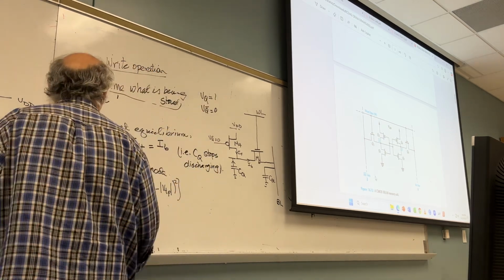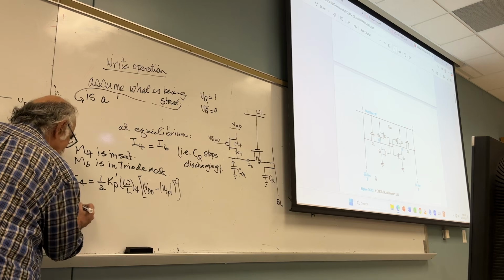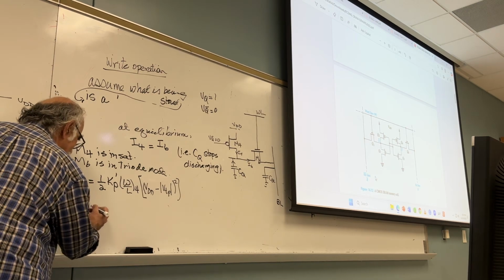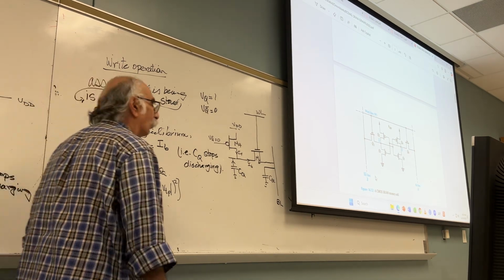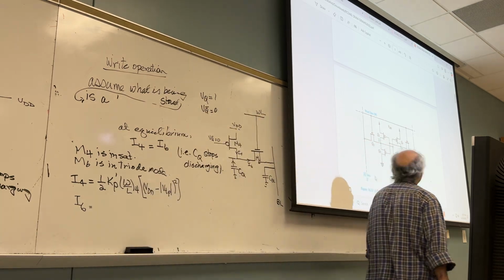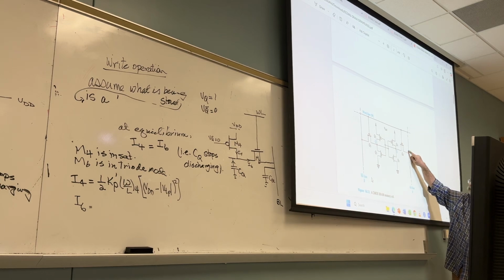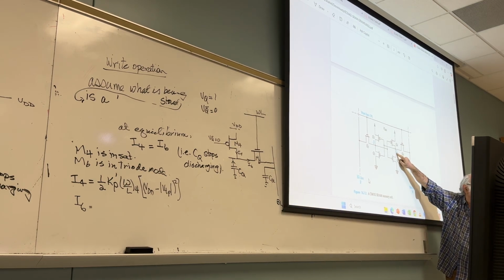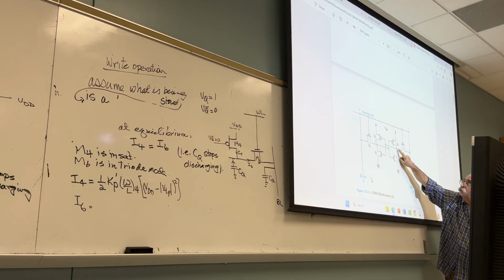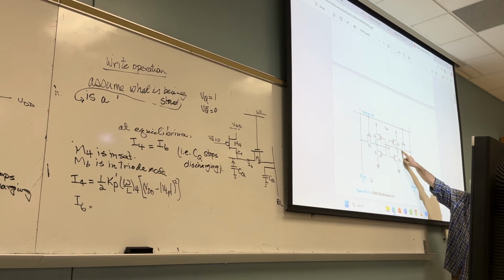Clear? What is I6? First of all, who's the drain? What did I put in the bit line? 0. Q initially 1, VDD, which means this is the drain.